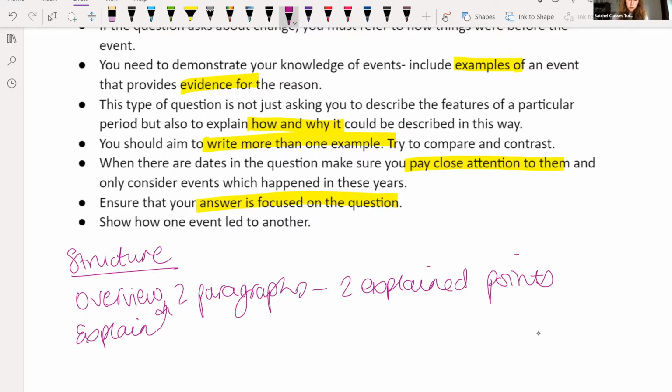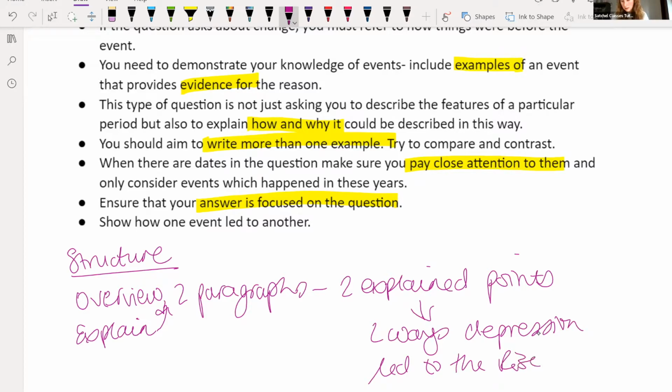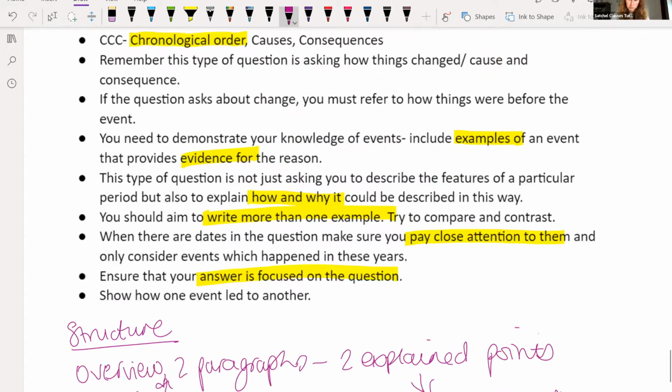So in this question, our 2 explain points would be, we would need to find 2 ways the depression led to the rise of the Nazis. So let's go back and find that evidence, and then we can use that in our plan.